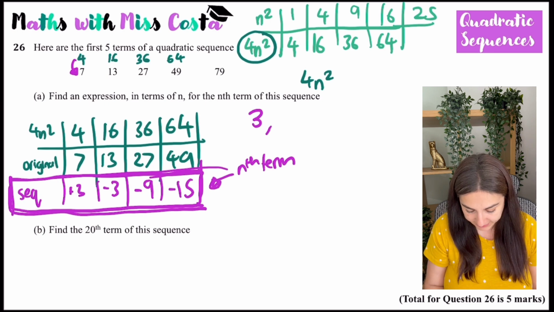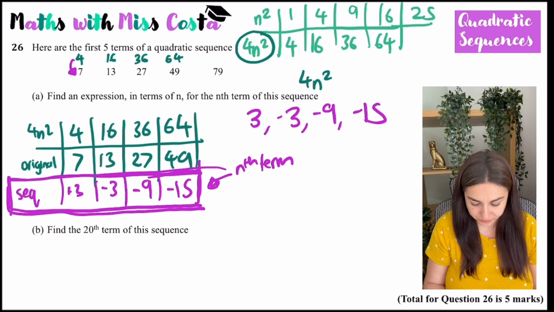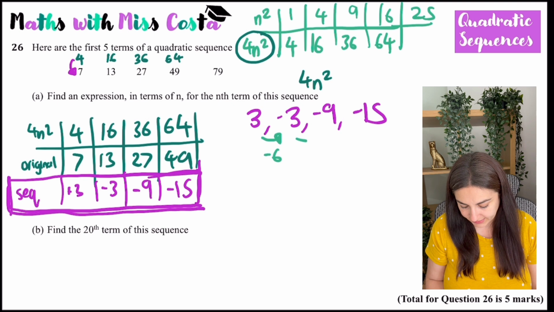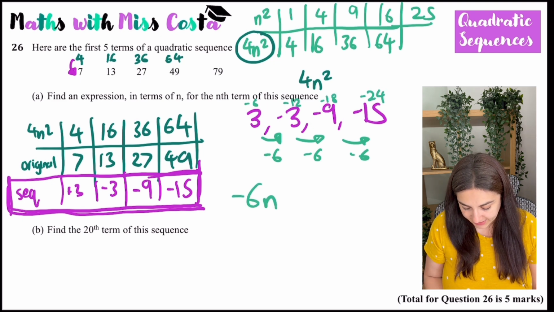Okay, so the sequence is 3, minus 3, minus 9, minus 15. What's the difference? Well, it's going down by 6 each time. So the nth term of this sequence, if it was the minus 6 times tables, is minus 6n.